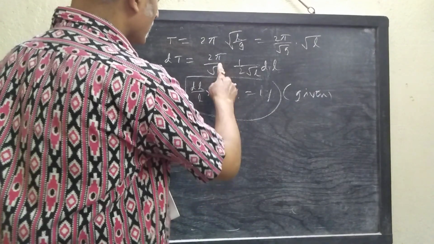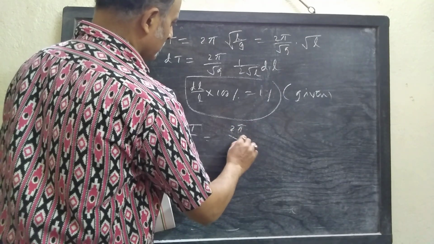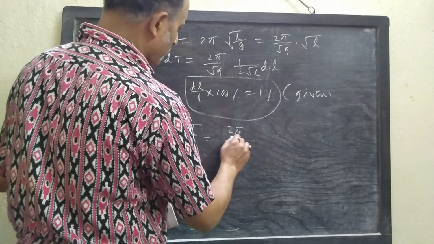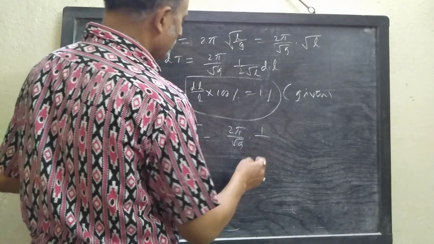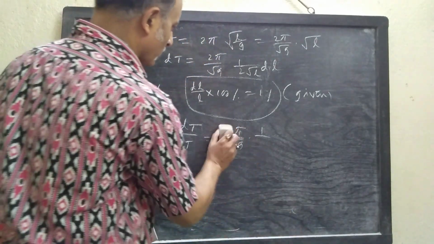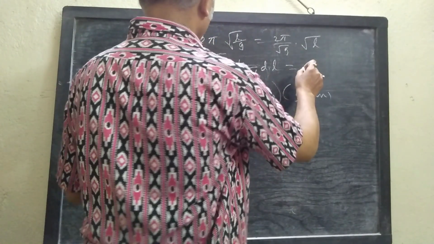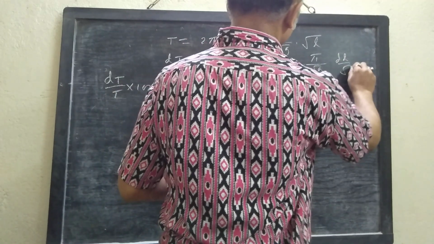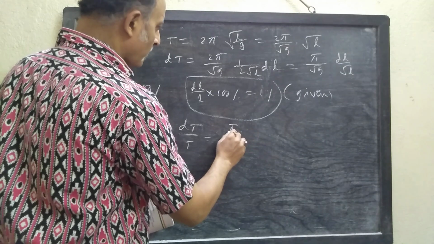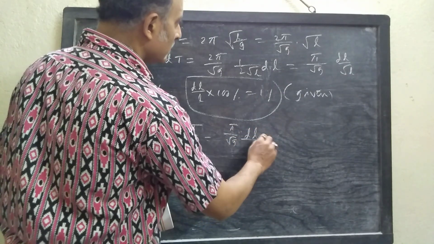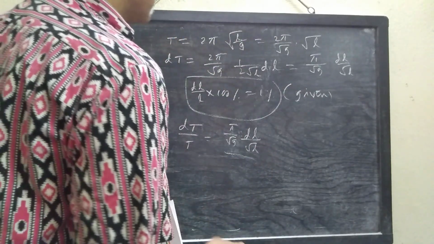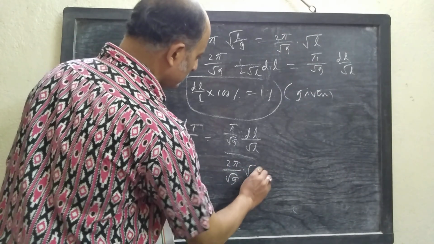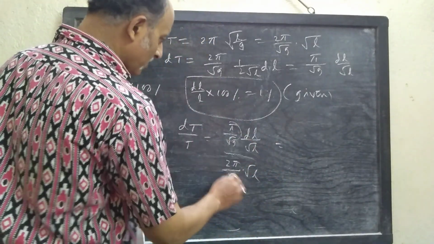So now dT by T. dT is 2 pi by root g, with the 2 cancelling, pi by root g, dL by root L, divided by the expression for T, 2 pi by root g into root L. Look, this pi by root g will be cancelled.